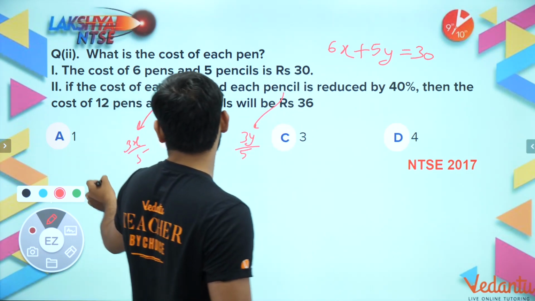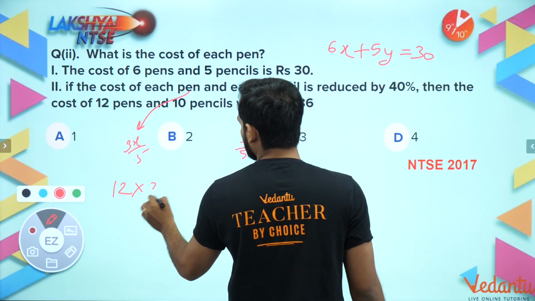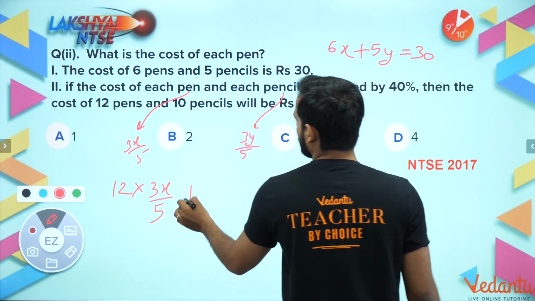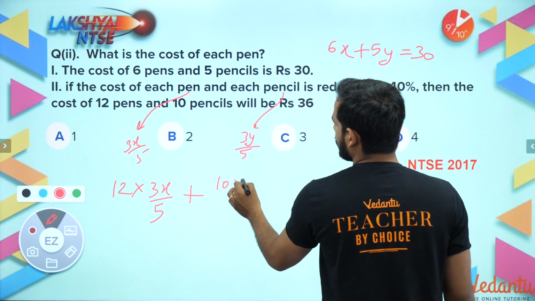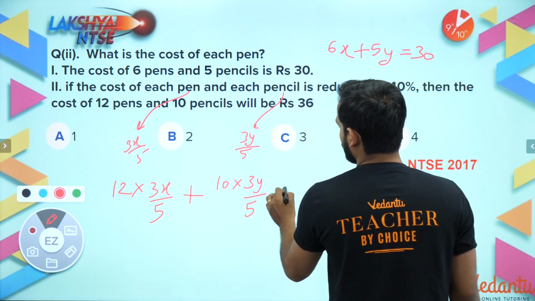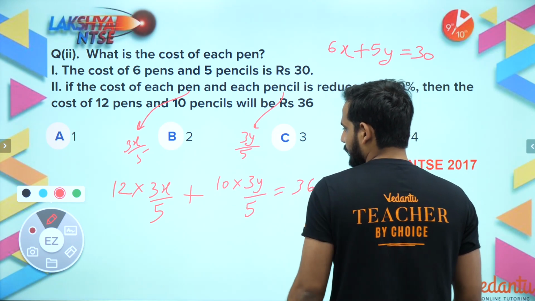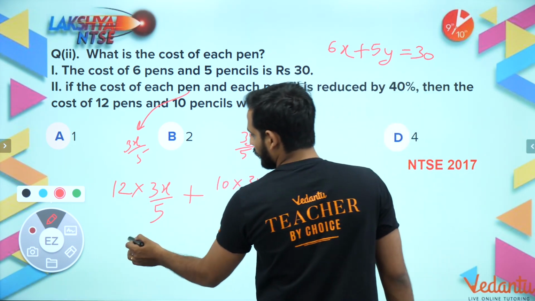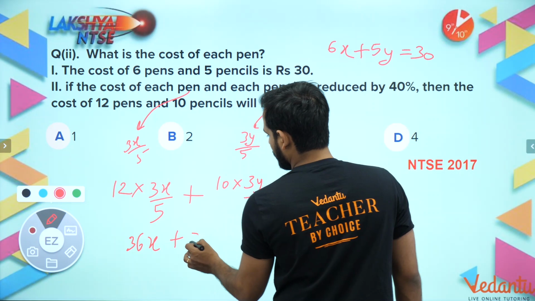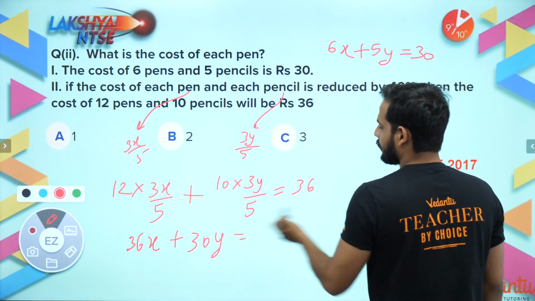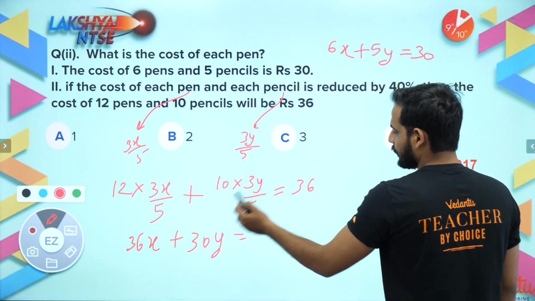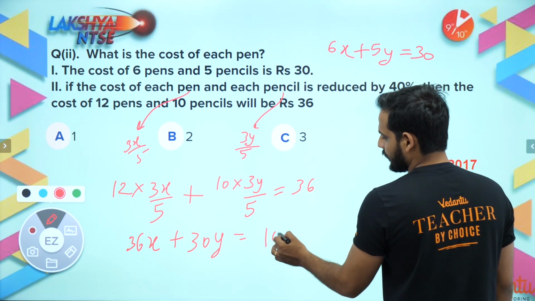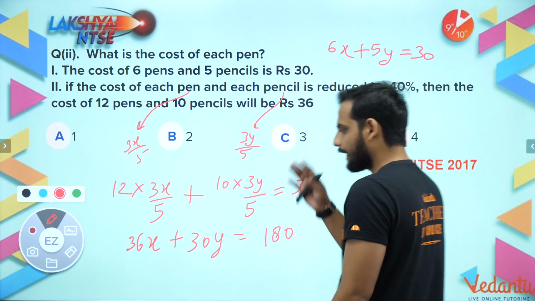Okay, so I can say 12 into 3x by 5 plus 10 into 3y by 5 is equal to 36. Now we can take this 5 to the other side, so 36x plus 30y is equal to 5 into 36, which is 180. Now what can I take common here?